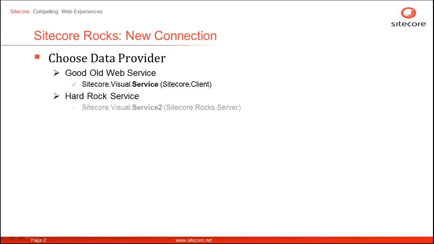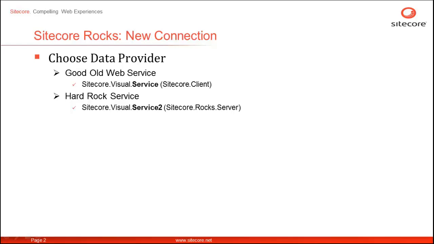The Hard Rock service, named as Service 2, inherits from the good old web service and extends its capabilities by adding the possibility to invoke execute methods in classes in the namespace sitecore.rocks.server.request. The Hard Rock service lives in sitecore.rocks.server assembly at sitecore.visual namespace.